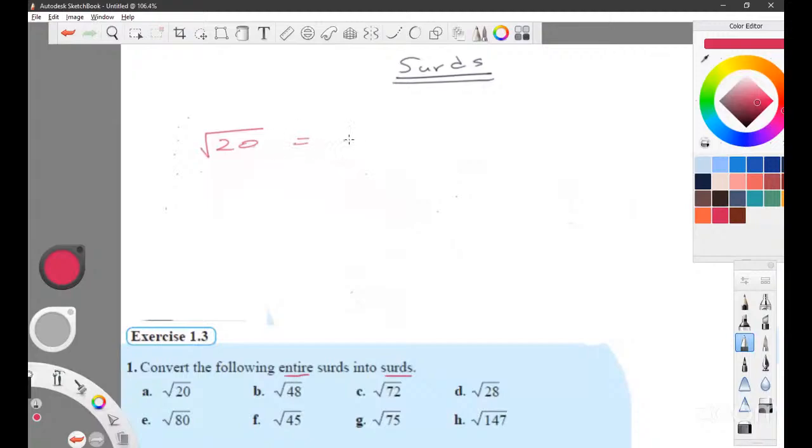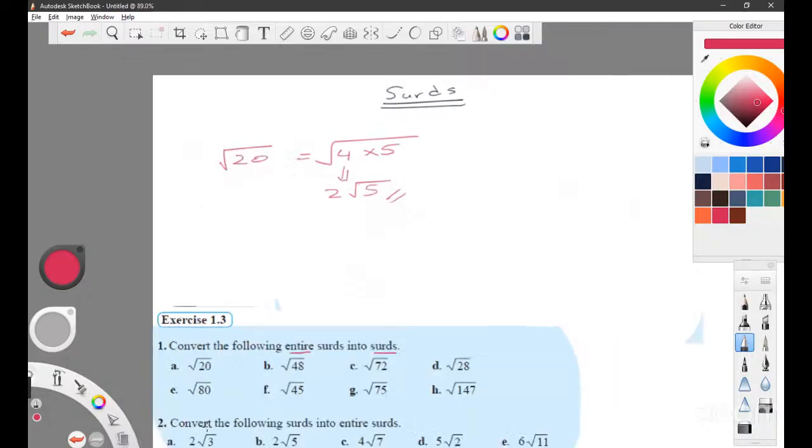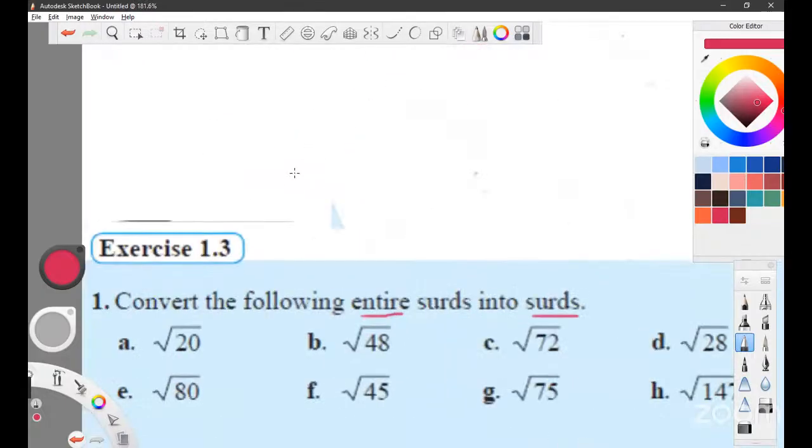We can write it as square root 4 and root 5, right? So square root 4, we can write it as 2 root 5. So this is the answer for the first question. So I'll write the answer here also.